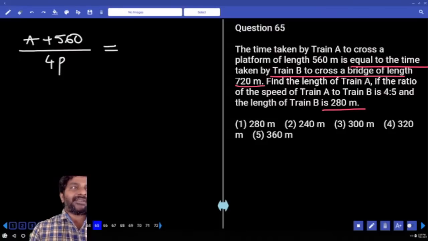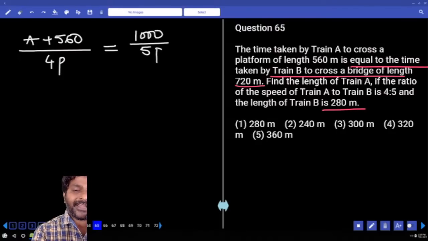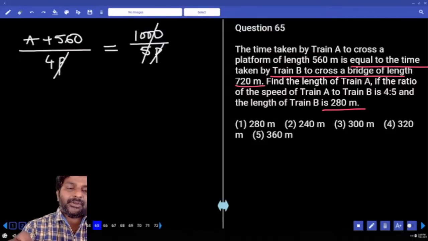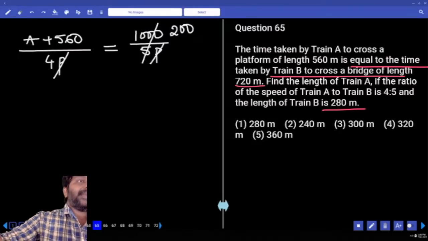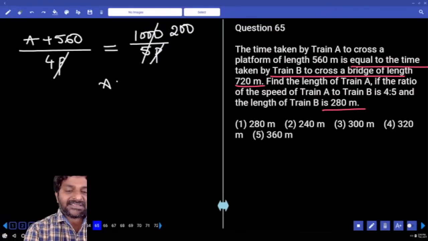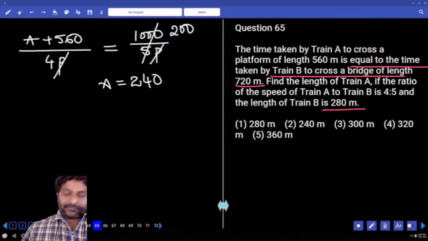Bridge length is 720. Both together 1000 divided by speed 5 parts. First of all, P gets cancelled. 5 200 times 4 on the left hand side, denominator goes to the other side, 800. Then A is equal to 240.